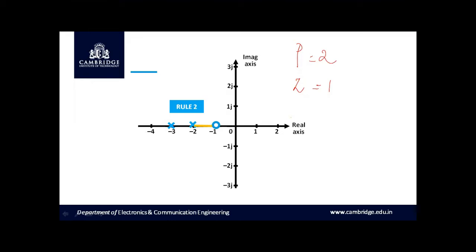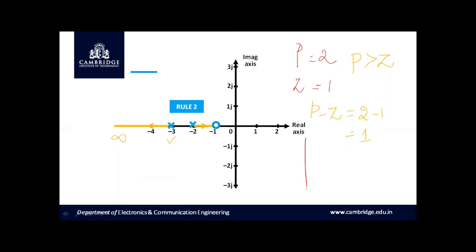And for p minus z, that is p is equal to 2 and z is equal to 1, so p minus z branches, that is the rest of the branch which starts from the pole at s is equal to -3, will terminate at infinity. This is the case in which p is greater than z.